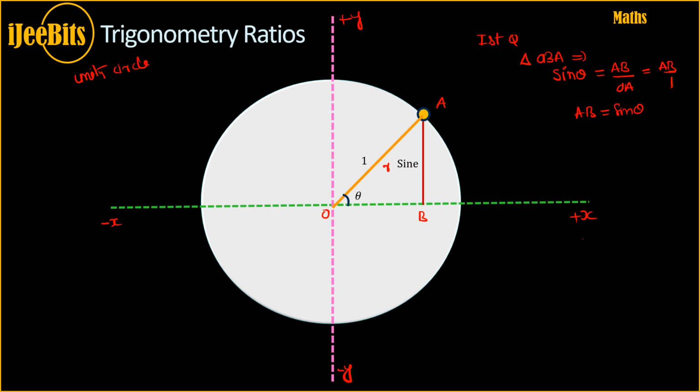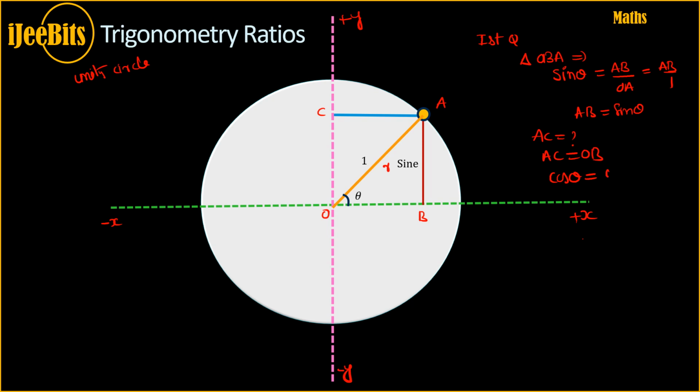Good. Similarly, you can find out, let's say this is C. You can find out the value of AC. How much is the length of AC? Similarly, AC is equal to OB, right? AC equals OB because both are parallel. Let's put cos theta. Cos theta equals how much?